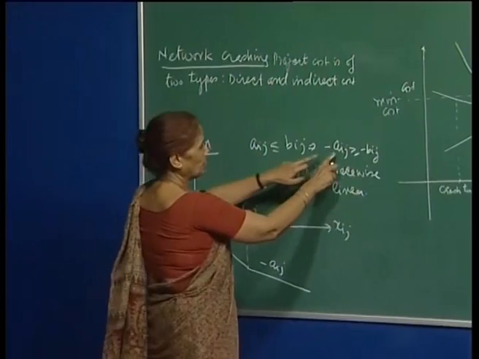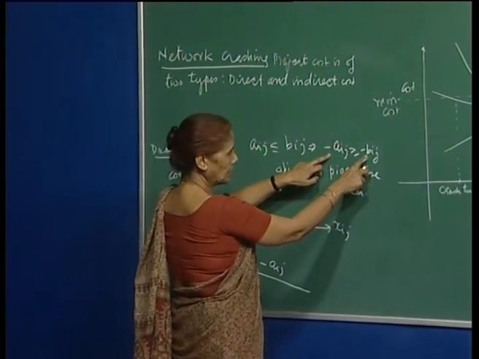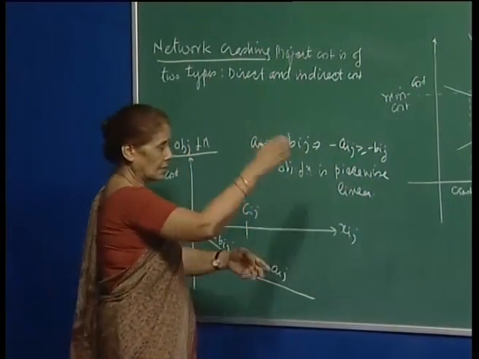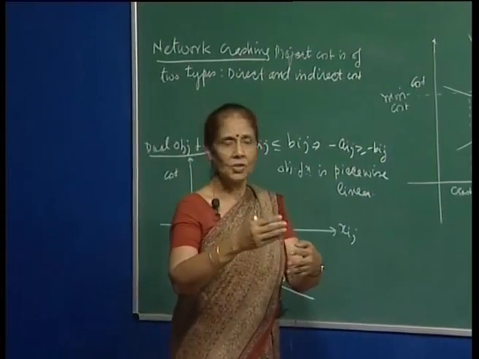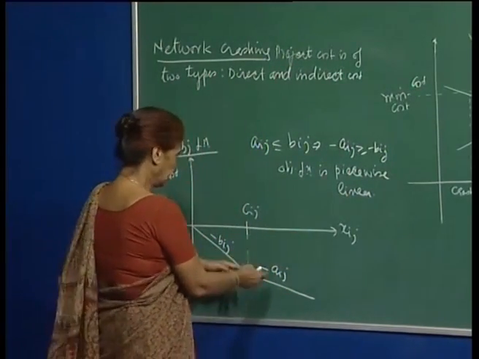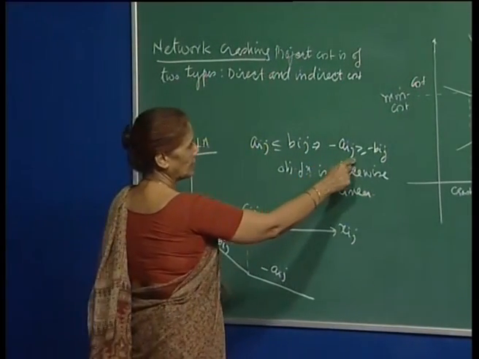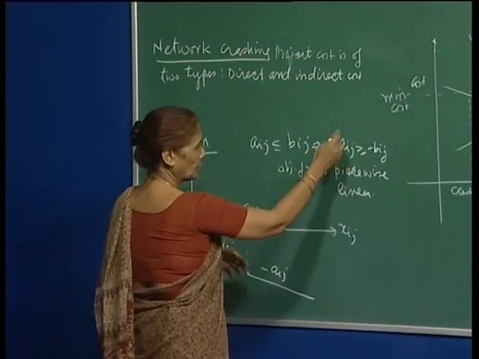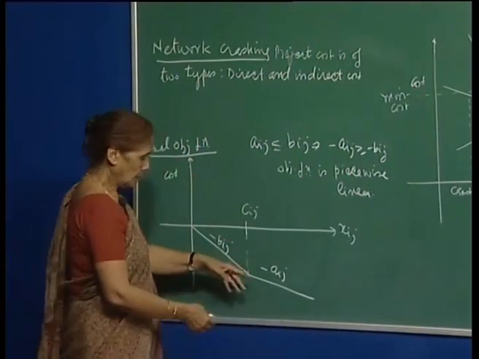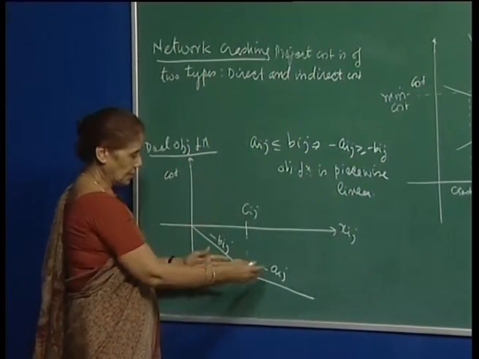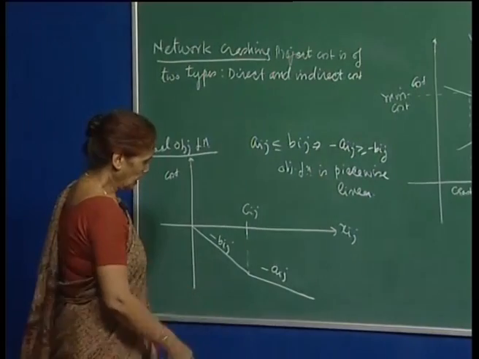So, this implies minus a i j is greater than minus b i j, and tan theta is an increasing function, right. So, this slope is bigger, because tan is an increasing function even though they are negative. Is it okay? So, this is the idea.